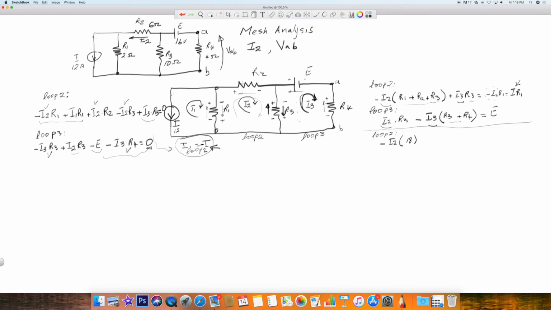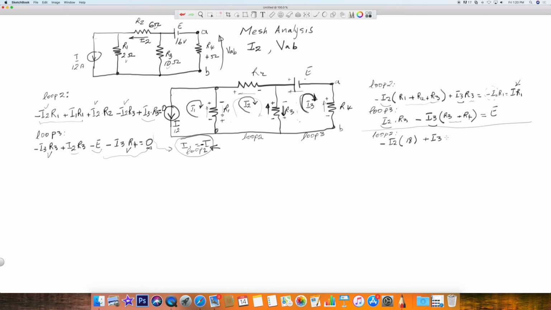Yeah. So again, R1, 2, R2, 6. So that's 8, plus R3, 10. That's 18 ohms. Fantastic. So how about this component right here? So we have I3. Now, very important that you pay attention to your signs, okay? And stay consistent with that.